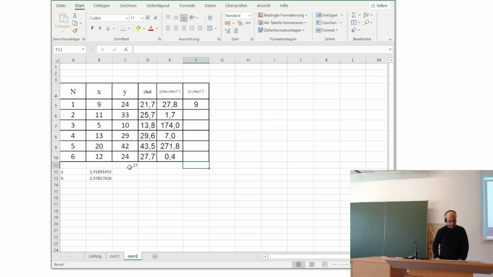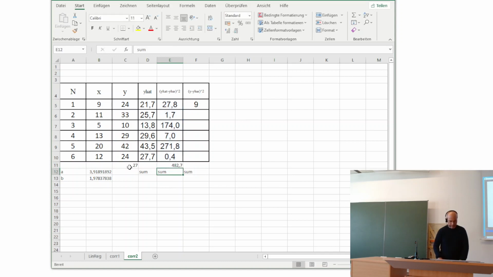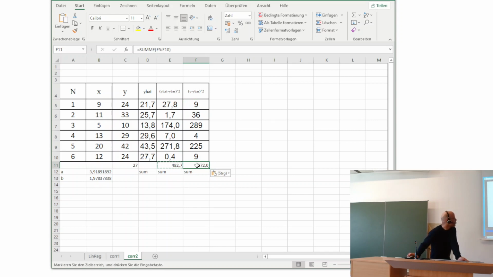And we need here the sums. So equals the sum of these numbers. Oh, here I forgot to copy it. So the 572, this is our total dispersion.